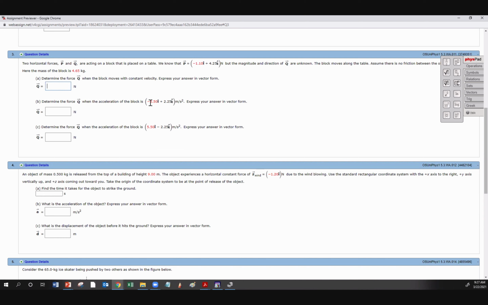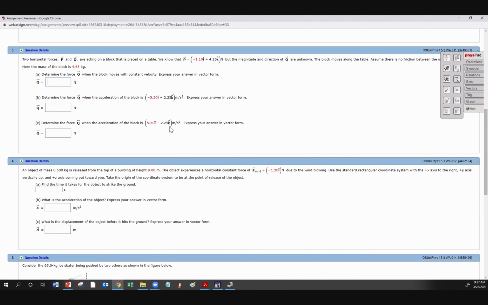This force P has an x component and a z component, and this force Q has an x component and a z component, and those two forces add up to produce an acceleration that also has an x component and a z component. So we're going to break it down into each direction and write down Newton's second law in each direction.